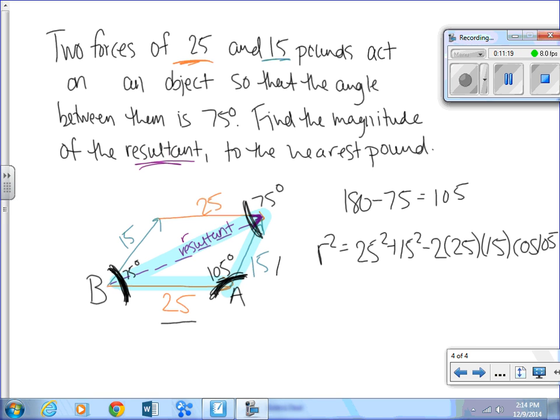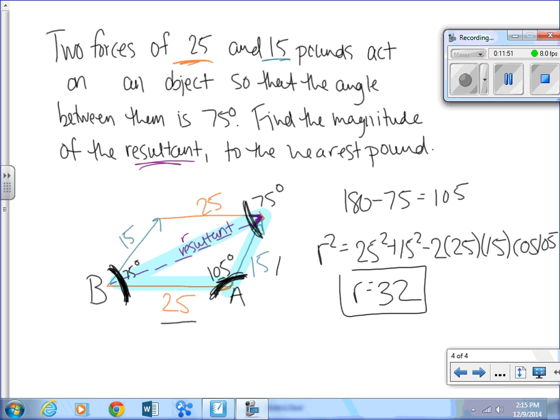Then we can plug in all of our stuff, and we're going to get some huge long decimal, which I'm not going to go through because I know that we can all pump all of this into our calculator, making sure that you're in degree mode. And when you take the square root, you end up getting that R is about 32. So that is going to be the magnitude of my resultant force, 32 pounds, actually. And that's about it.